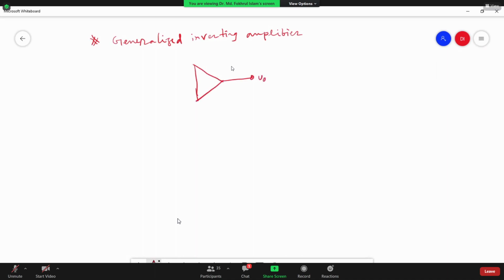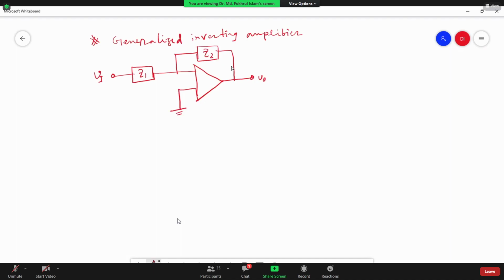Output V0, impedances Z2 and Z1, the input, and it's grounded.